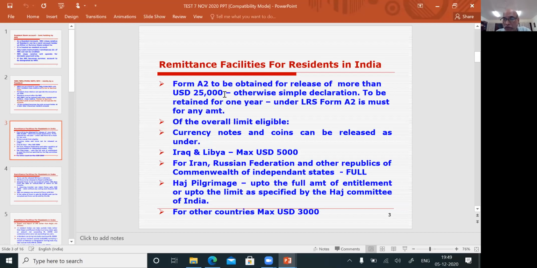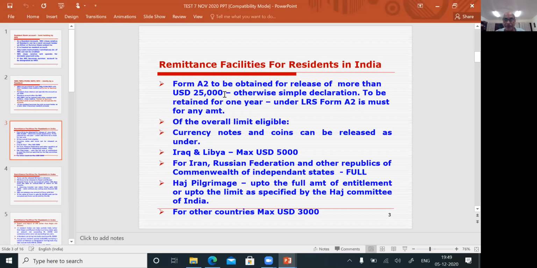So two things: Form A2 for remittances above 25,000 US dollar or equivalent in other currency, otherwise a simple declaration. Form A2 is to be retained for a period of 1 year. Under the liberalized remittance scheme, Form A2 is a must irrespective of the amount released to the individual by the authorized dealer. Form A1, which was earlier there for imports, has been discontinued.